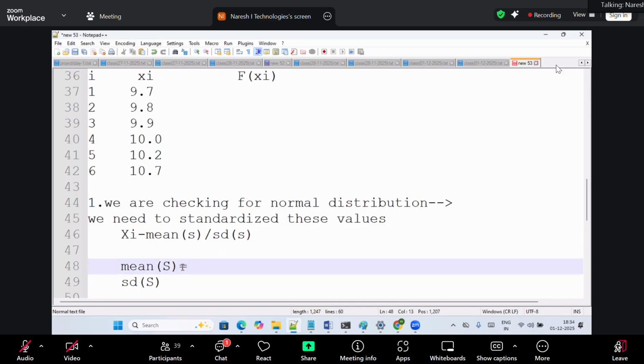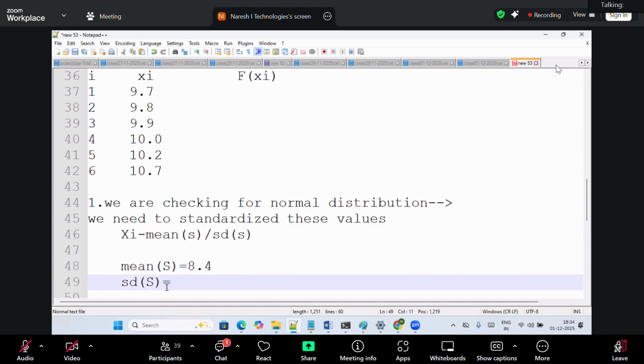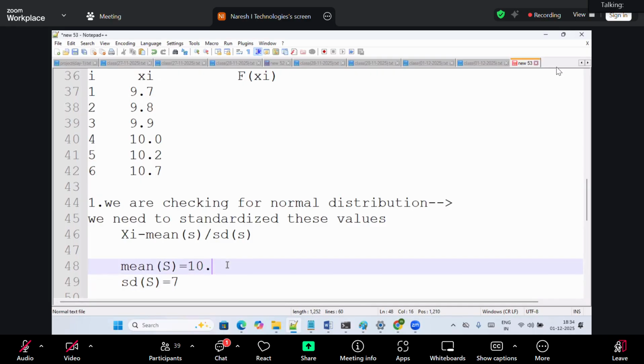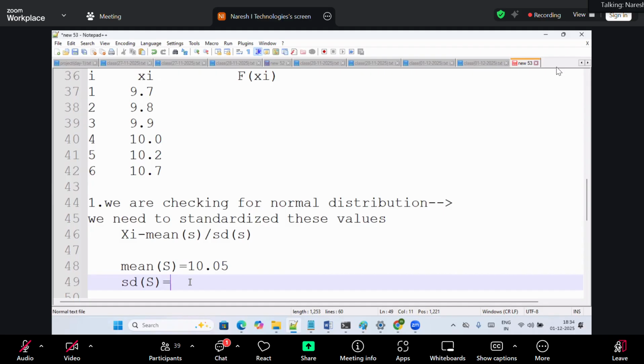Mean is 10.05. हाँ और standard deviation.